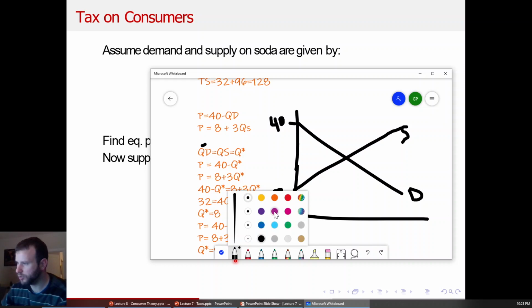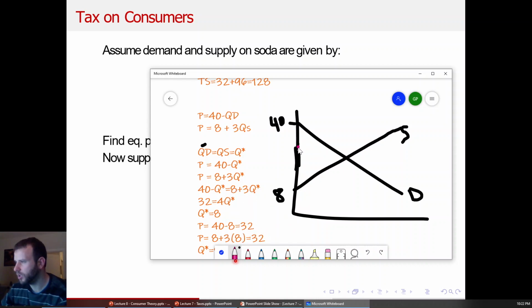Okay, so I'm going to use this magenta pen over here. I'm going to use magenta to be the new demand curve. So my demand, D prime, is essentially shifted down by 8.